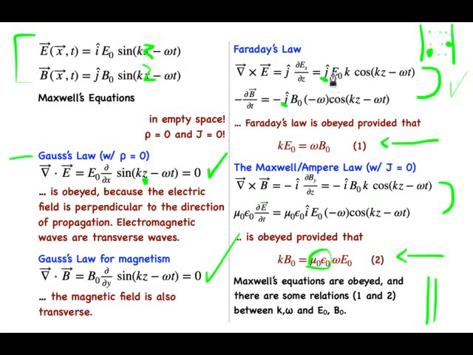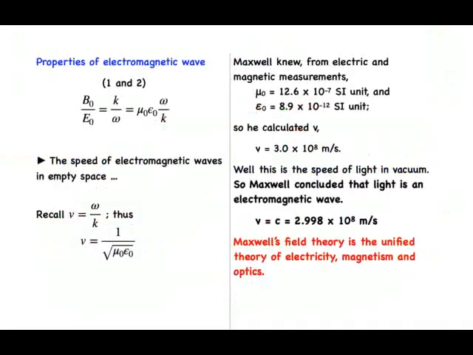And so the next thing we have to do is see what they imply. We'll learn some properties of electromagnetic waves from those two equations that were required by Maxwell's theory. And these properties of electromagnetic waves you're going to need for the Lon-Capa problems.